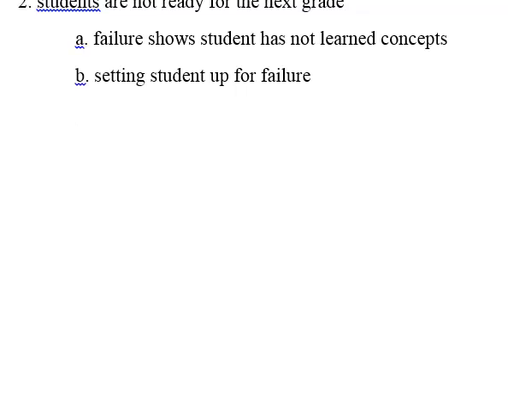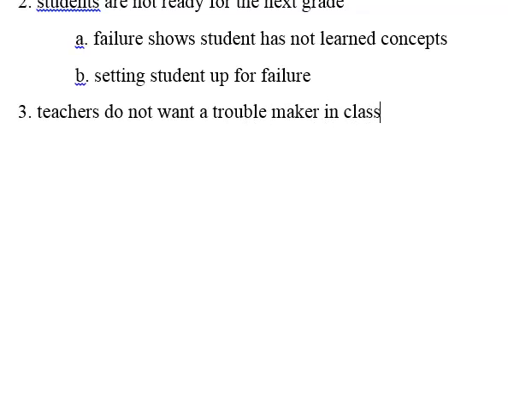sub point that would be under 2, so it would be on number 3. So we want to go backwards in our indent, do a 3, and this is teachers do not want a troublemaker in class. Right? Enter.